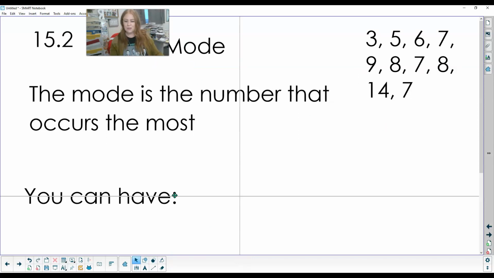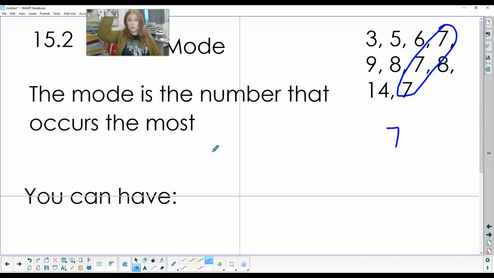So if I'm looking at this set of data, I can see I have 1, 3, 1, 5, 6, 7, 7, 7. Ooh, only 2 8s. So my mode for this set of data is 7. I have 3 7s. That on my dot plot would be 3 up. I'd have 2 8s and only 1 of everything else.